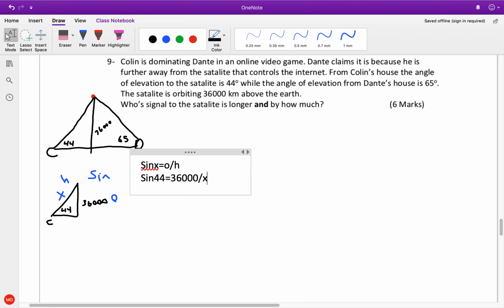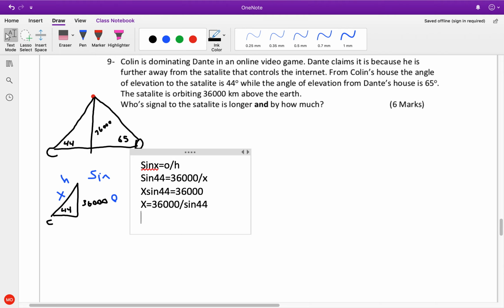Now we have to rearrange. We can't have x on the bottom, so let's move it over to the other side. To divide on this side, it will become a multiply on this side. Now we need to move the sine over, so it's a multiply right now. When I move it over, it's going to become a divide. Therefore, we just need to run the calculation.